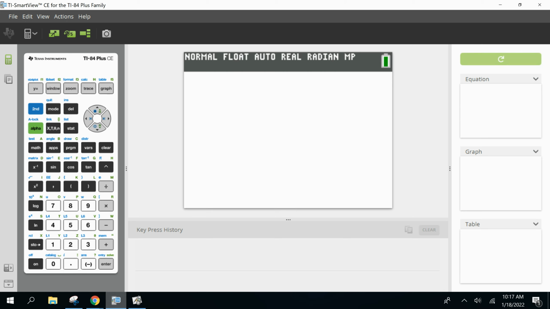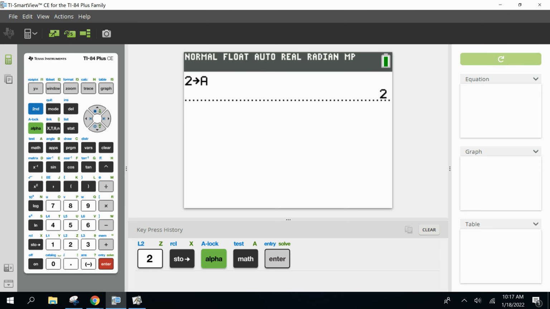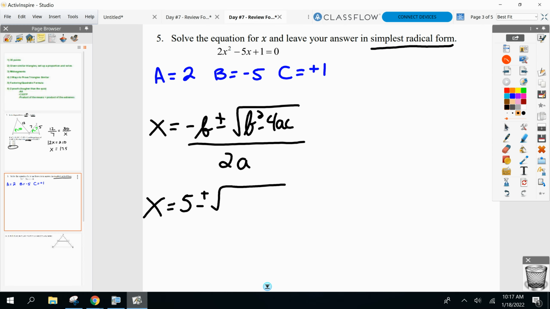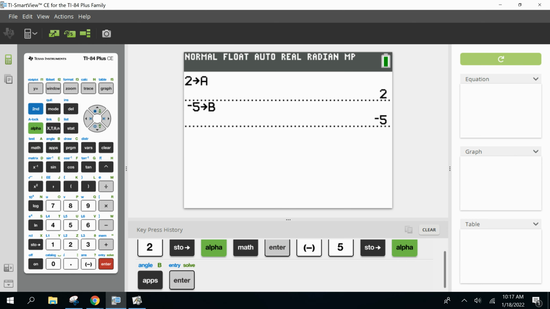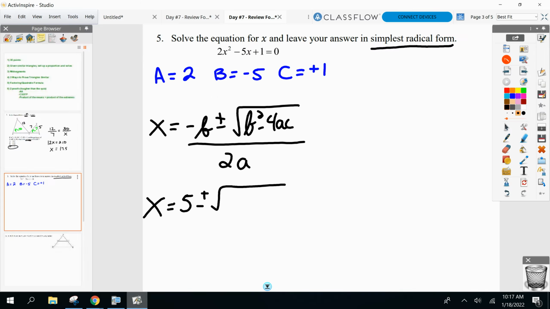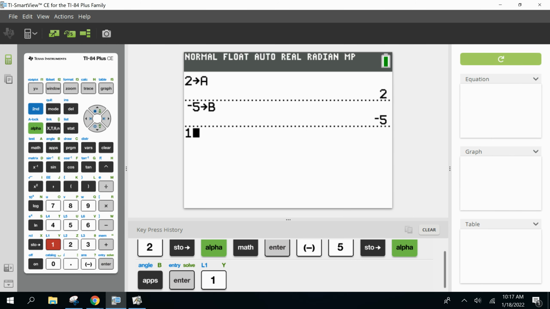A value is 2, so I hit 2, store button to the left, A, right above math, store it in for A. Enter. B was -5, store in for B. And then store in +1 for C.